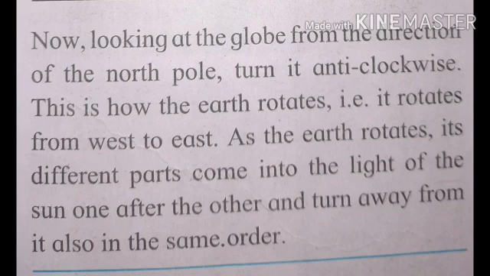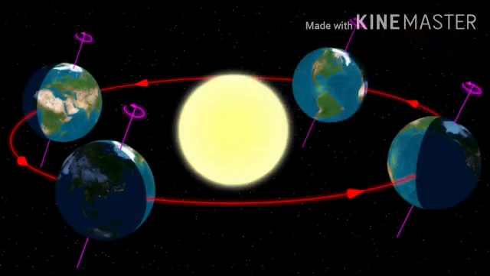Now, when you observe the direction of the sun, turn the globe anti-clockwise. Where you see the North Pole, there you will see the rotation from west to east. So this is how the Earth rotates.